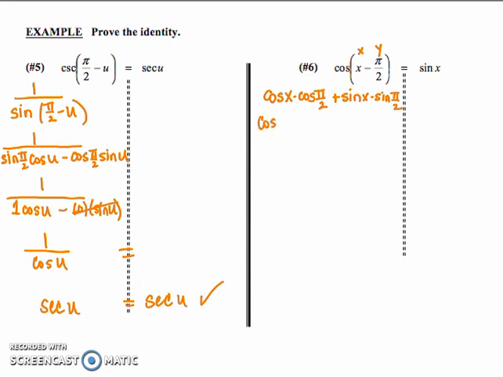So I end up with cosine x times 0 plus sine x, and sine of pi over 2 is 1. Well, cosine x times 0 just crosses out, so I'm left with sine x times 1, which is sine x. So sine x equals sine x. I've just proved that the left side equals the right side.